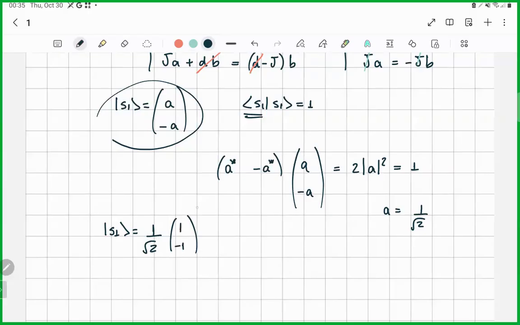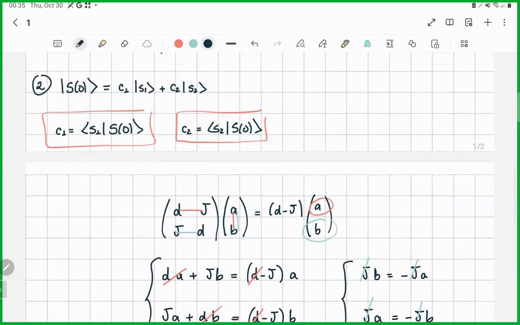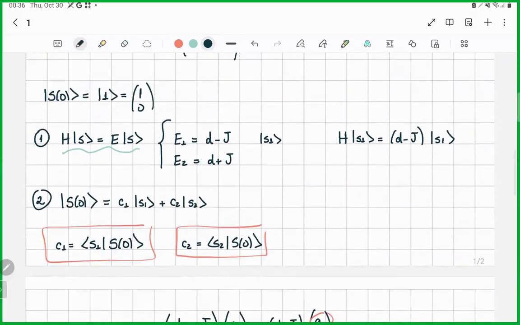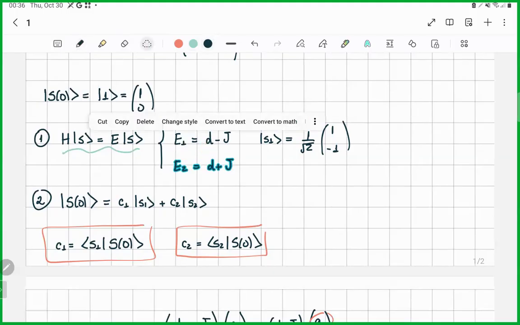Okay, so we found one of the eigenfunctions. I'm going to come all the way up and put it here. 1 over square root of 2, 1 and minus 1. So now we have to go with the same procedure to find the other eigenfunction, the eigenfunction S2.